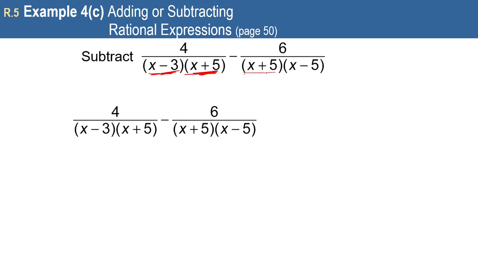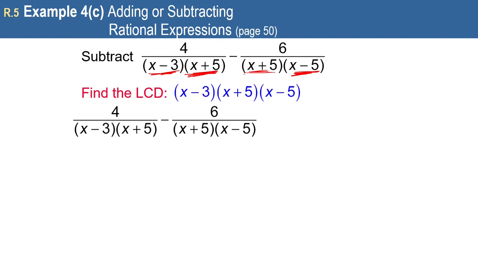I don't need to add another x plus 5 because we already have it from the previous term. And I need to also be divisible by x minus 5. So the LCD is just x minus 3, x plus 5, x minus 5. Again, we don't need two x plus 5s because this is already divisible by both of the denominators.